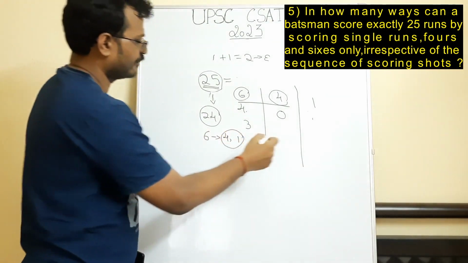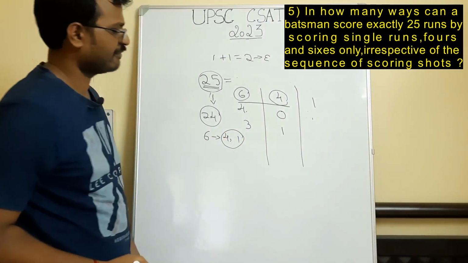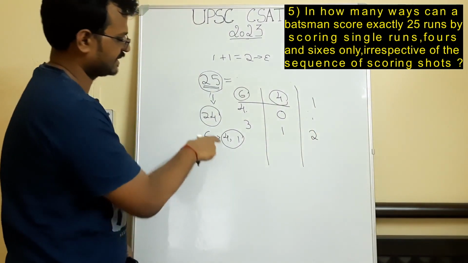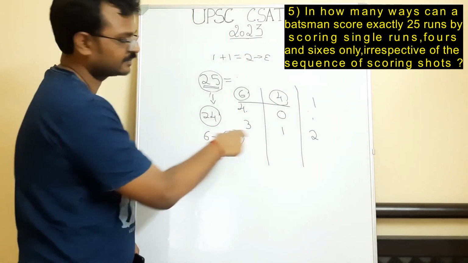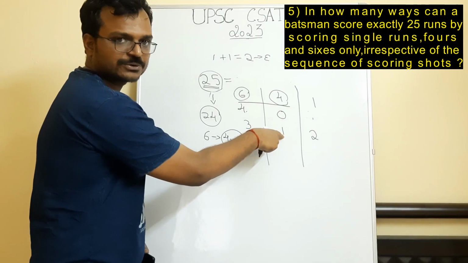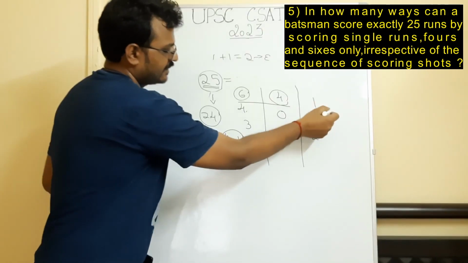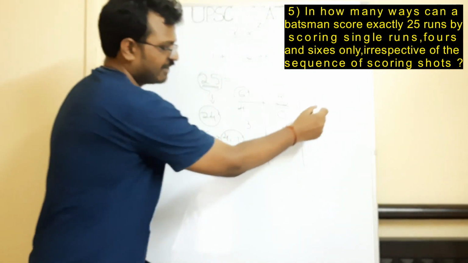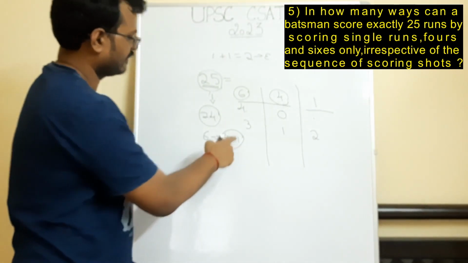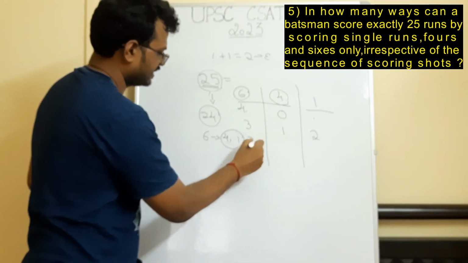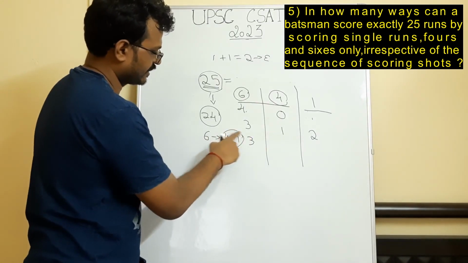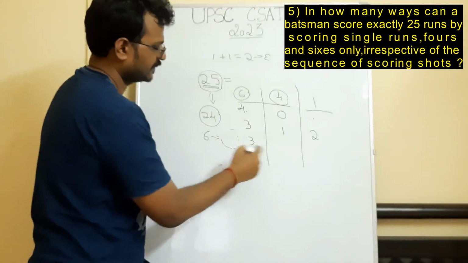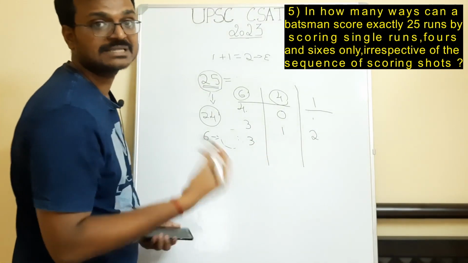We can have one 4. If we have one 4, we will have two 1s, because we have to reach 6: 6 minus 4 is 2. So to reach 24 we will have 1 twice. One more combination which I have here is 6 being thrice and 4 not being present at all.